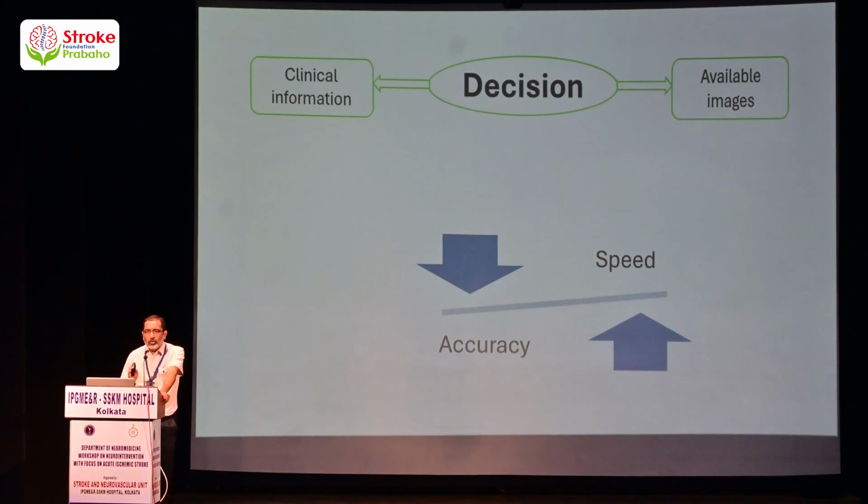These two things may seem contradictory, accuracy and speed. But if the treating doctor properly utilizes the clinical information he is getting, and if he has a good idea about interpretation of the available neuroimaging, then only it will be possible for him to balance the two, that is accuracy and speed.